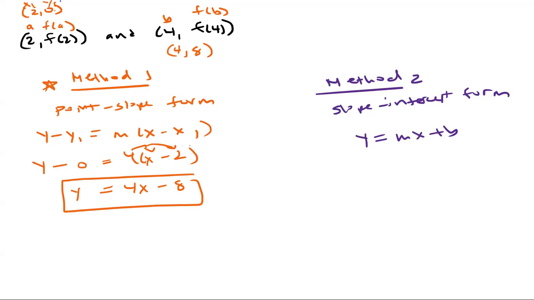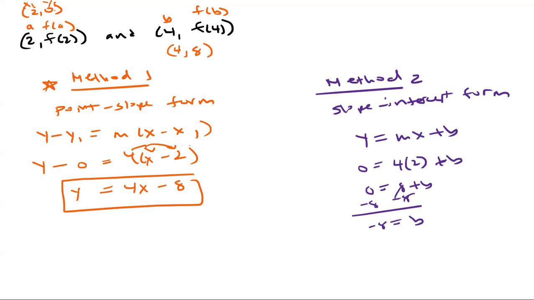So I am looking for my b. I have y is 0, m was 4, that's what we figured out, and x is 2, plus b. So we got 0, and then 4 times 2 is 8 plus b. So minus 8, that goes away. We have negative 8 equals b.